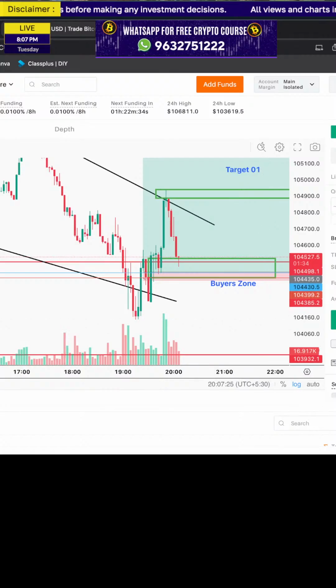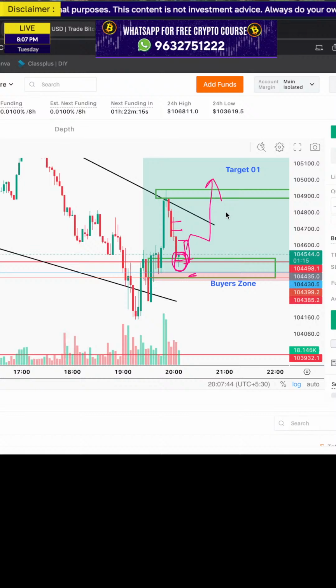You can see that there is some kind of pressure in the market at this particular zone, right? But selling has been strong in this area. So directly we cannot enter buying. With any strong confirmation candle below this, we can place a stop loss and look for a buying opportunity.